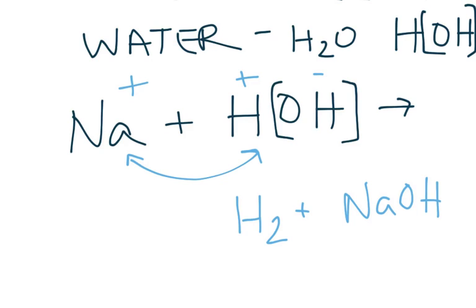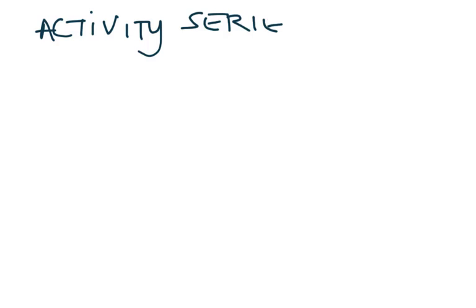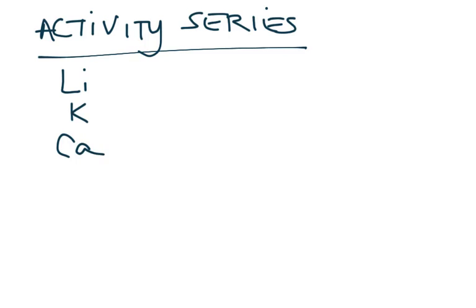One thing replaces another. Because things are actually complicated, there's another catch. You'll notice in the PowerPoint, there is something called the activity series. Now, let me just tell you, first of all, you do not have to memorize this, so don't stress about this. The activity series lists metals from most active down to least active.